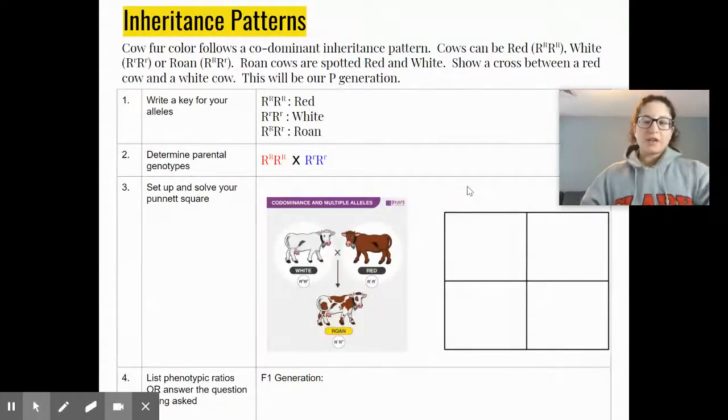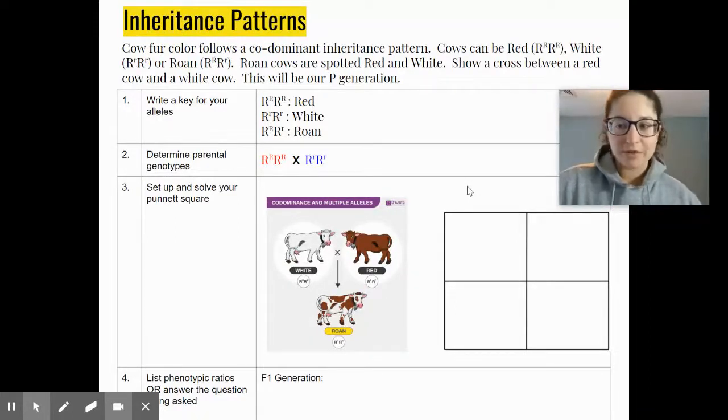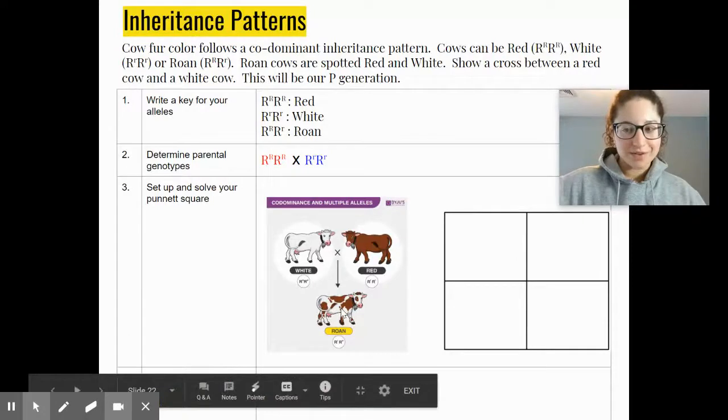So let's look at this in an example. Like I said, we're going to be talking about the color of cow fur. Cows can be white. They can be red, which is that brownish color. So we have our white cow, we have our red cow, and if you have a mix of both the white and the red, it is called roan. So this is your roan cow.